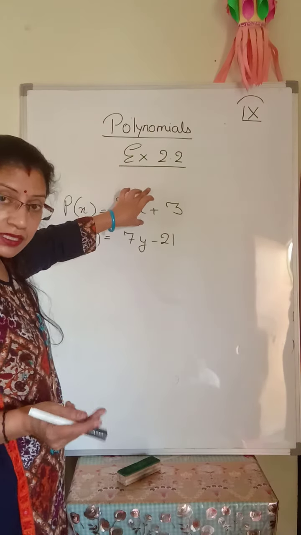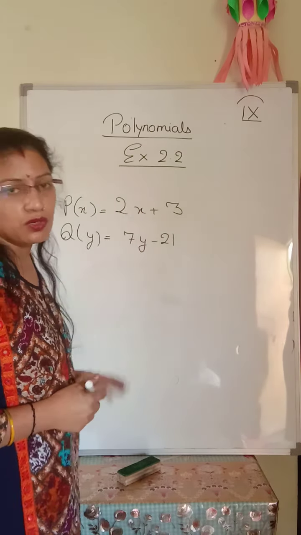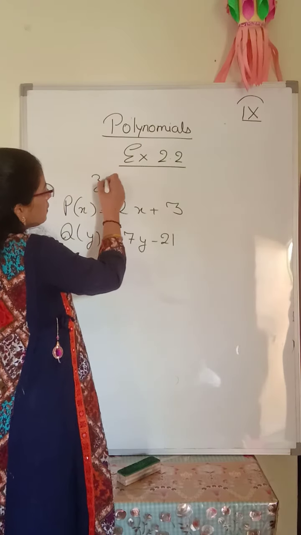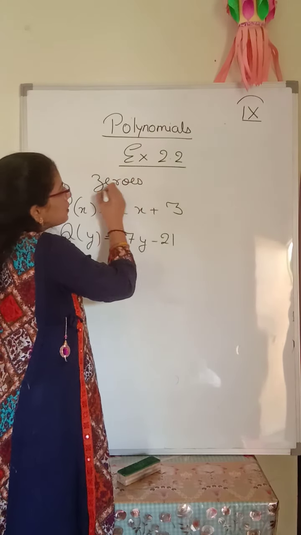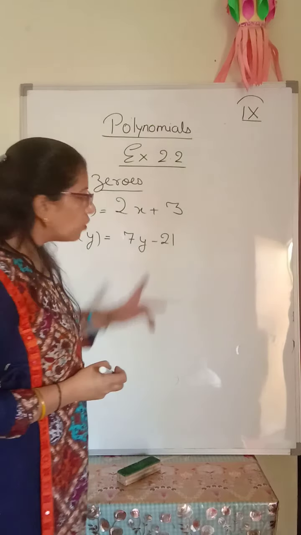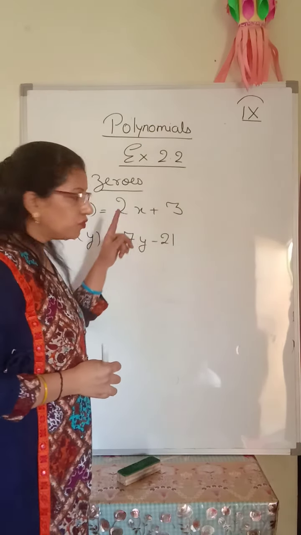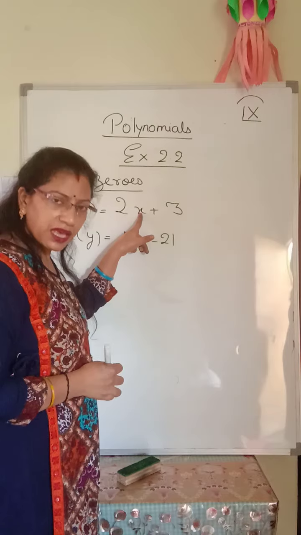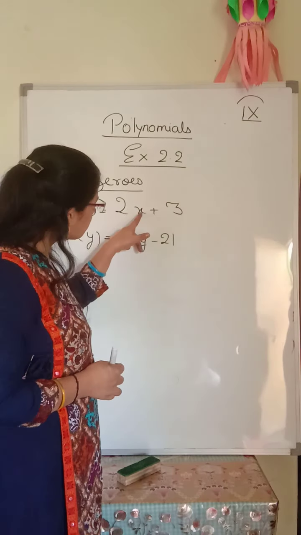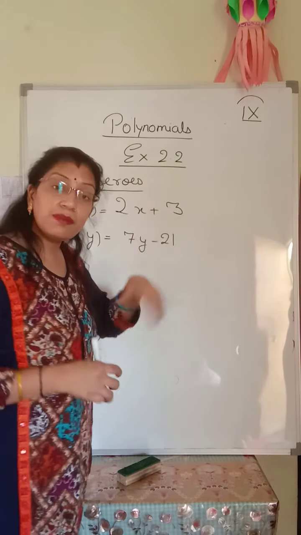Now the thing is, find the zeros of these polynomials. So what are the zeros of these polynomials? Zeros means the value of the variable. We have to put such a value of variable x that by putting this value, 2x plus 3 will become 0.